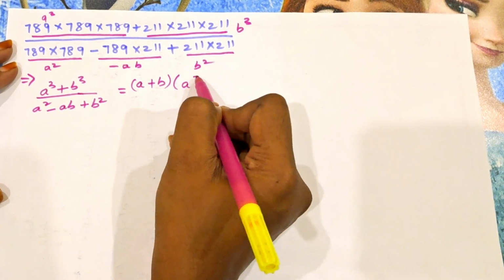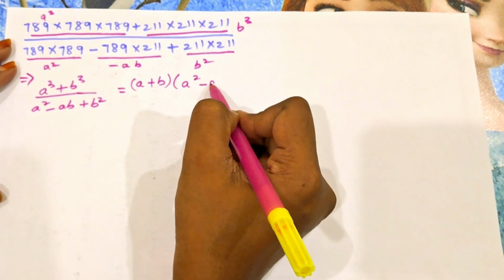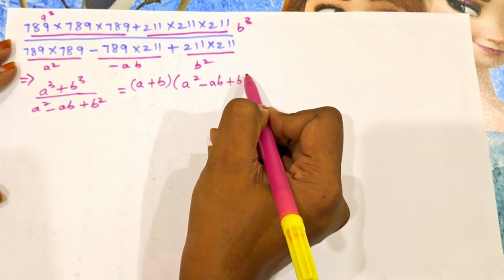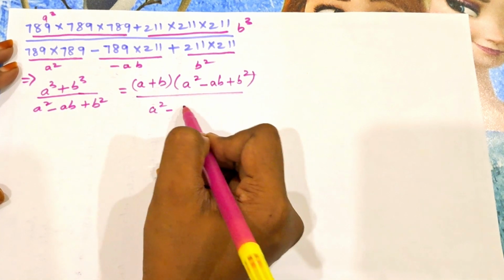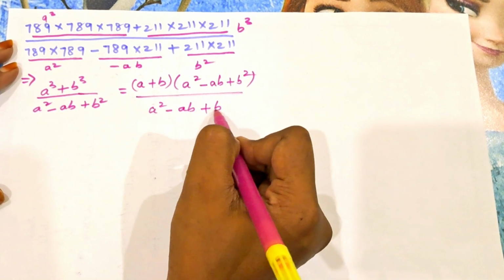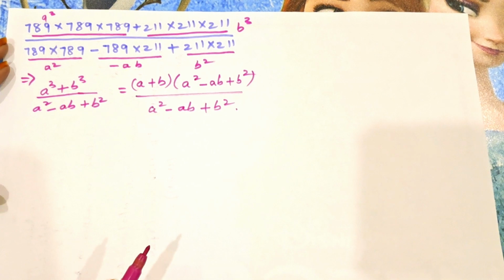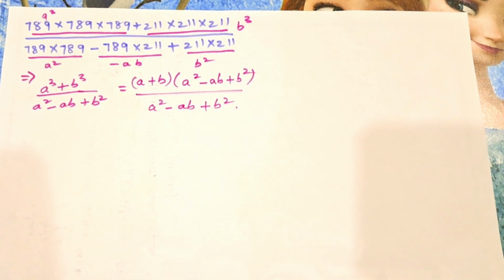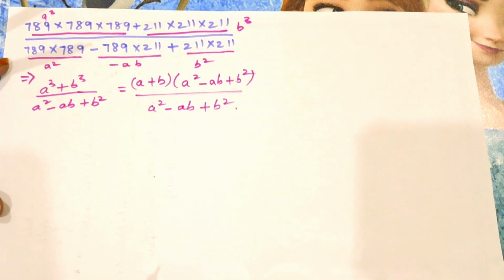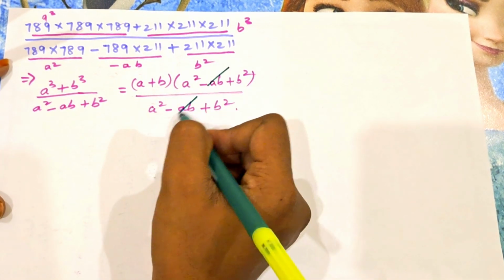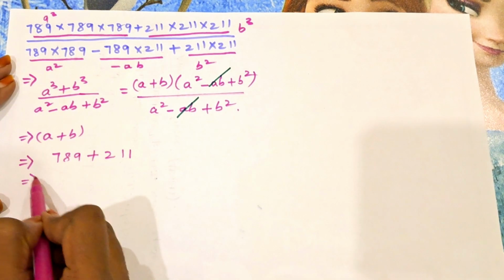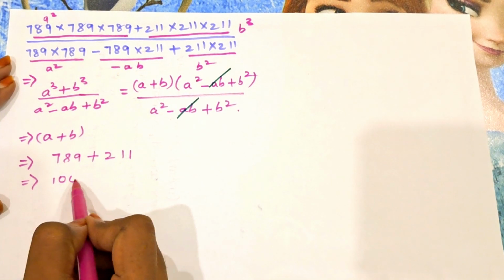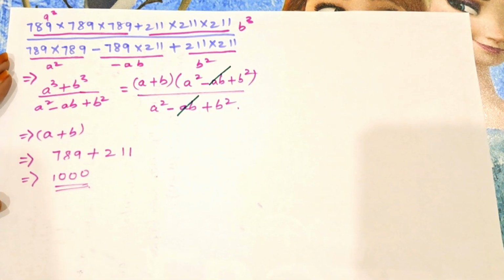Let us simplify using the formula: a cube plus b cube equals a plus b into a square minus ab plus b square. Let us write this formula instead of a cube plus b cube. So, in the denominator we have a square minus ab plus b square. Let us cancel the common terms from the numerator and denominator. We will be left with a plus b, and we simply need to add a and b, and that gives us the answer 1000.